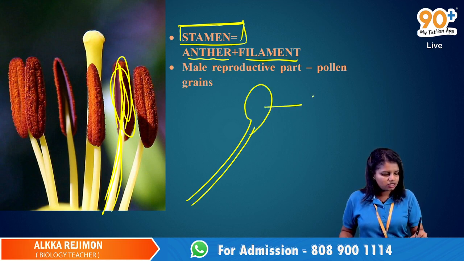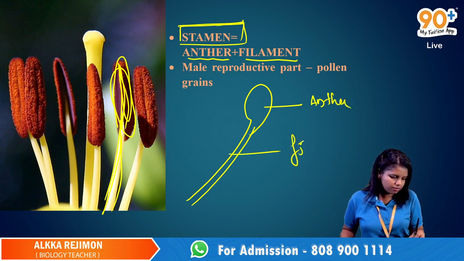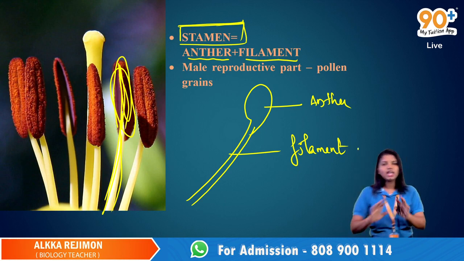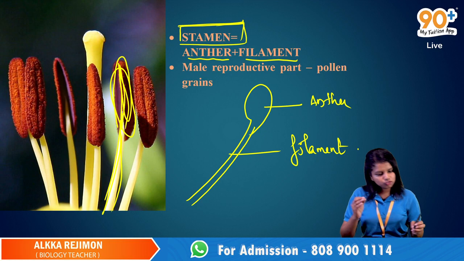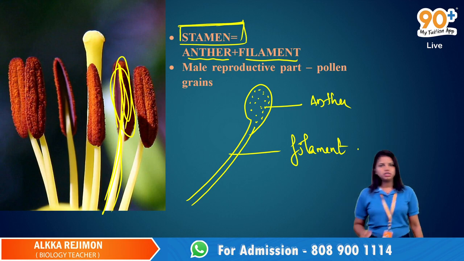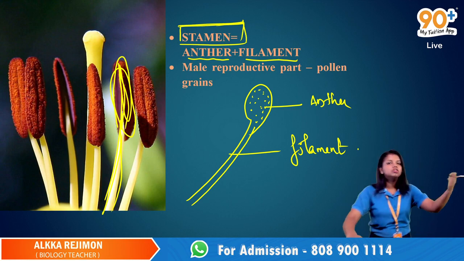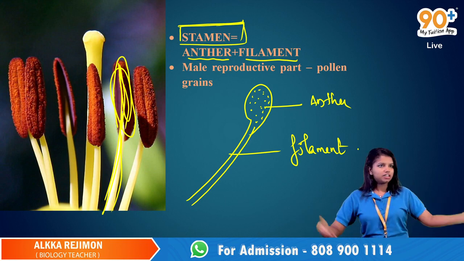And this anther plus this filament is called the stamen, and that entirely creates the male reproductive part. And if you have to specify, നമ്മുടെ ഈ ആന്തറിനുള്ളിൽ ഇരിക്കുന്ന pollen grains ആണ് the male reproductive part എന്ന് പറയുന്നത്. It is those pollen grains which fall on the female reproductive part and becomes a zygote and all.